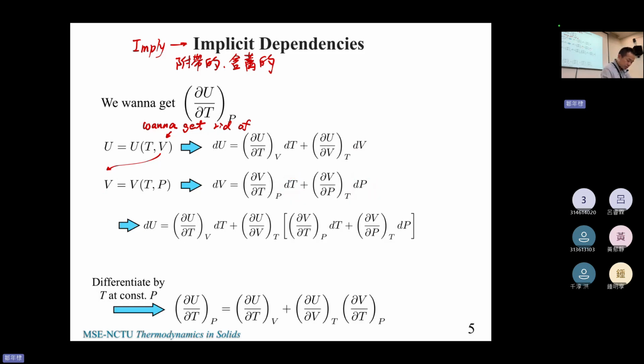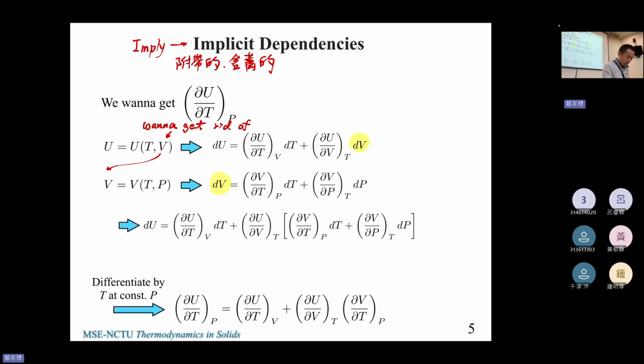All right, so this is something that we are going to get rid of. So all we need to do is just to substitute this dV, replace the dV by this ugly term. Okay, just substitute here, and we can write down such a long expression.